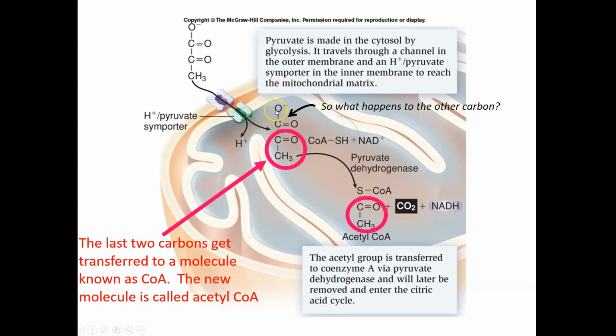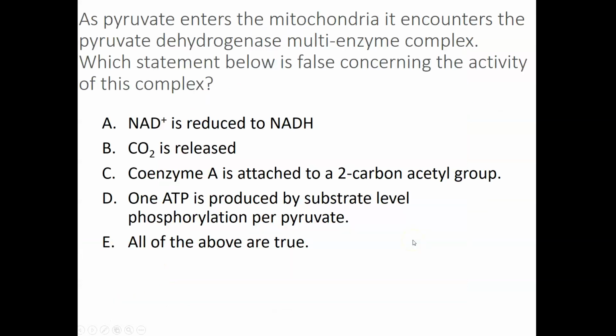So this is where we go from a 3-carbon molecule down to a 2-carbon molecule because we've lost one of our CO2s. Now recall again, we had 2 pyruvates. So this whole process is happening 2 times. So we will be generating 2 acetyl-CoAs, 2 CO2 molecules, and 2 NADHs. And where do those CO2 molecules go? Well, as you exhale, you are releasing the CO2 molecules, which are a byproduct of the metabolism of glucose.